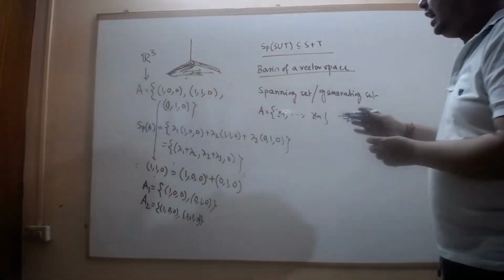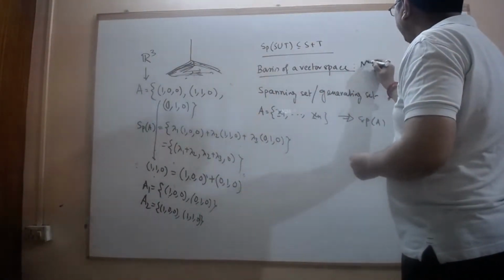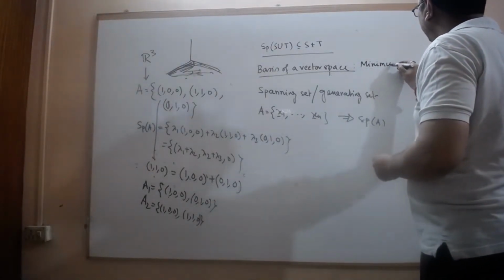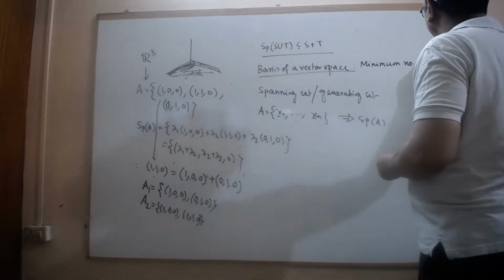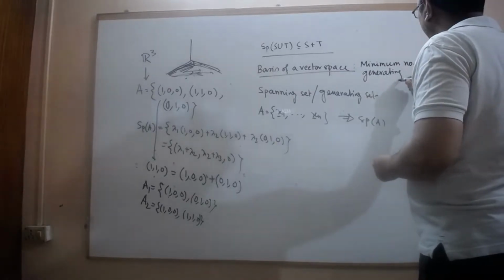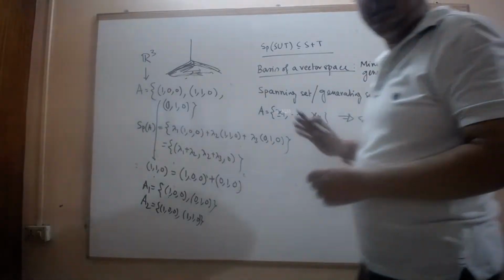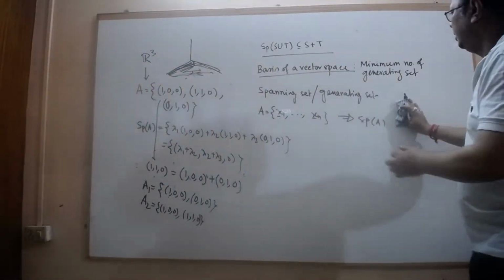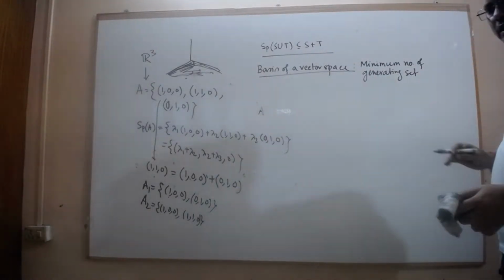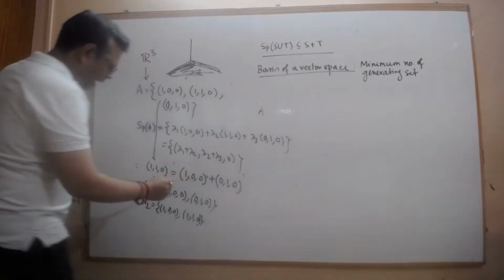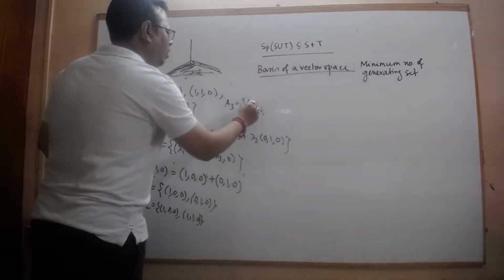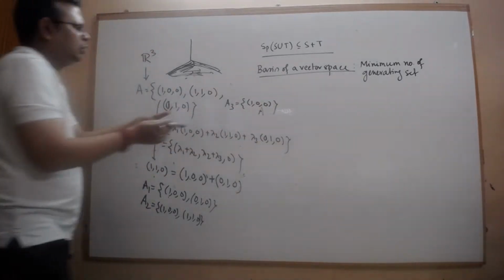So the basis is a minimum generating set. We will prove it generally later. First, I define the basis. So this is a minimum generating set, or if you eliminate this, you take another subset A3 which contains only one element, that is 1, 0, 0.